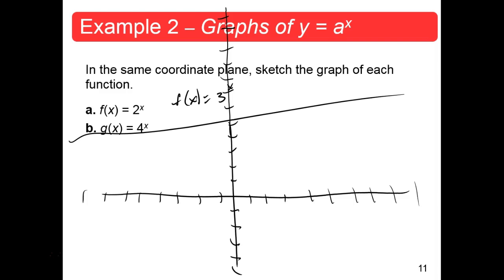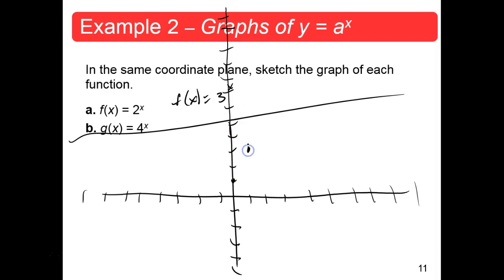Give me an x. 0. What's your y? 1. Got that one down. Give me another x. 1. What's your y? 3. Excellent. 1, 2, 3. Somewhere up here.